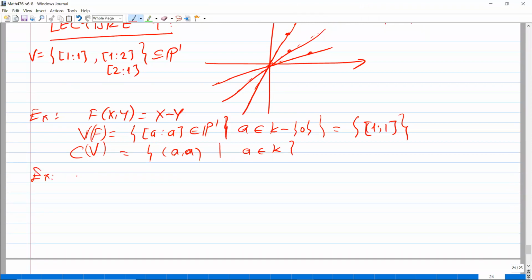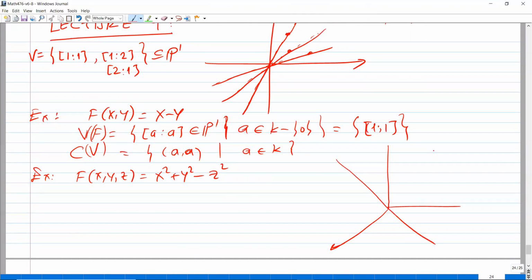If we have, let's say, f(x, y, z) equal to x squared plus y squared minus z squared, so that in R3, its graph is something like this. So this will be the zero set of this polynomial. And if you think of this as a zero set in the projective space, let's see, how do we represent this?